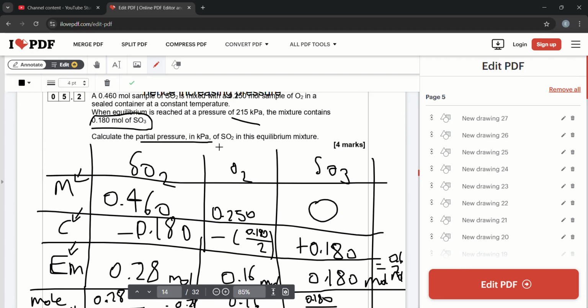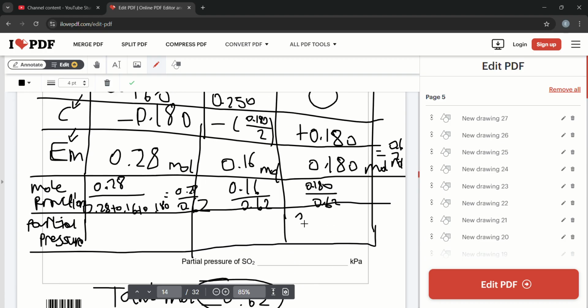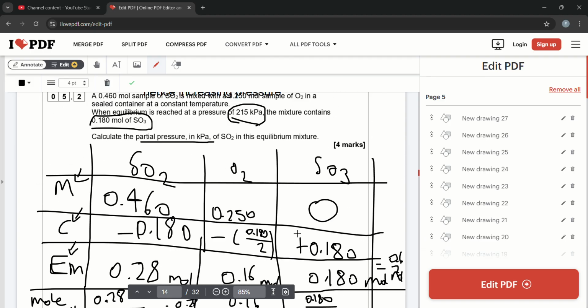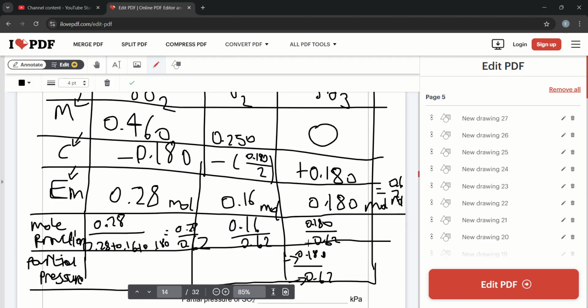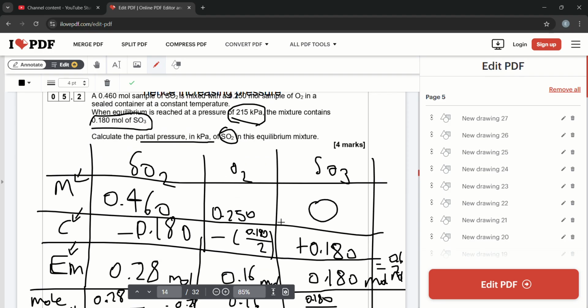Because we want the partial pressure in kilopascals, we're going to times it by 215 kilopascals. However, we're not trying to find all of them. We're just trying to find the partial pressure of SO2 in this equilibrium mixture. Okay, I just didn't read the question properly, almost did it wrong.